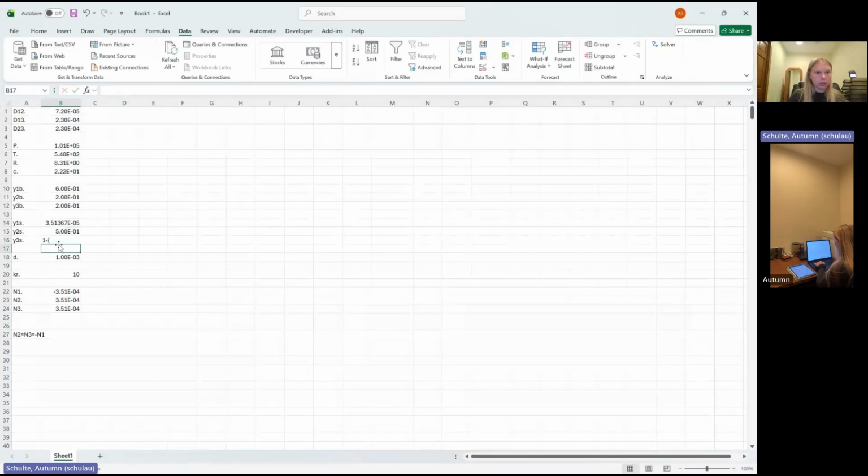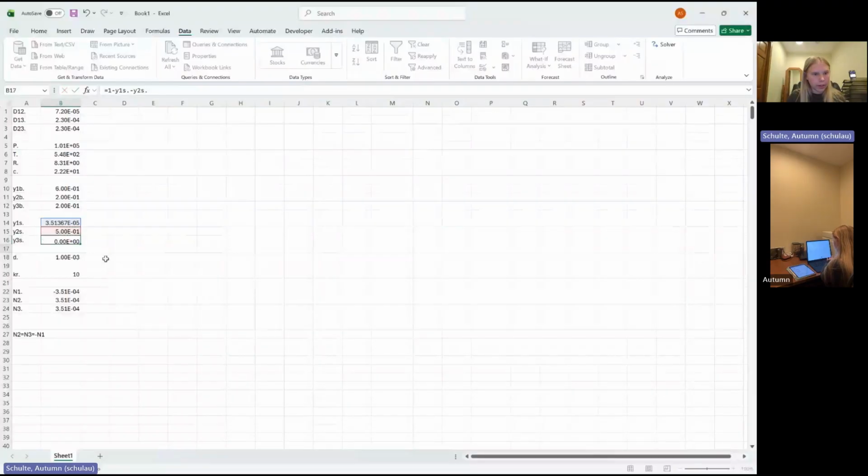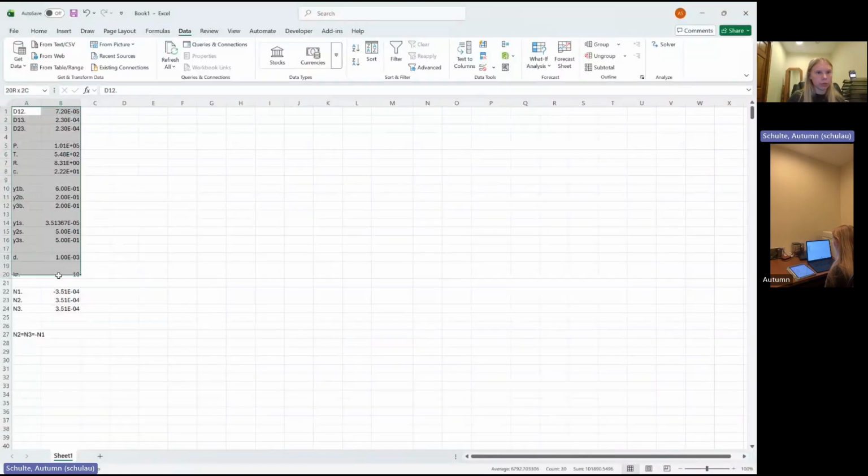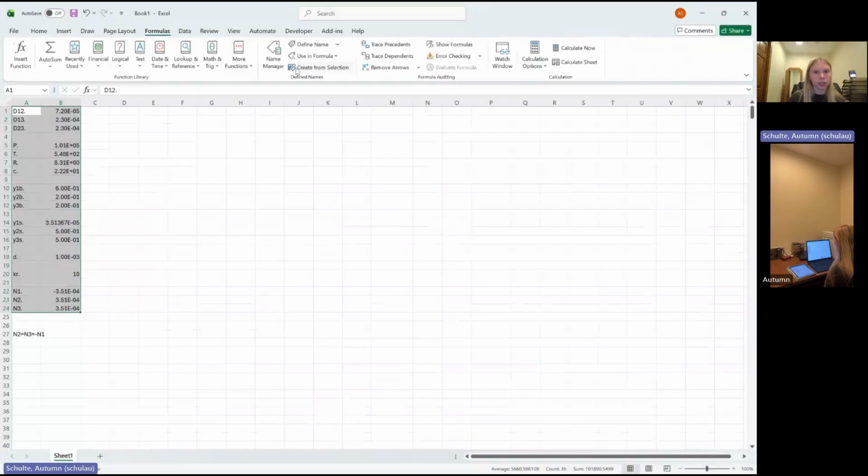So we're going to take 1 minus this number minus our mole fraction for acetaldehyde. So these are the numbers that we have come up with. Then I'm going to make sure that all of these are formulas so that when we go to insert our equations, it makes it a little bit easier.